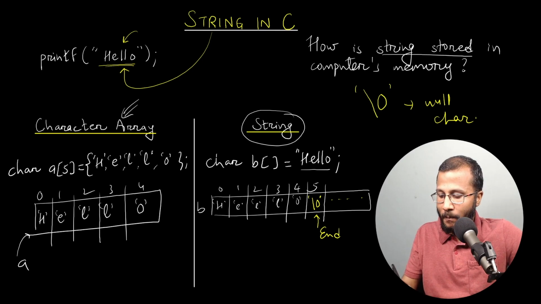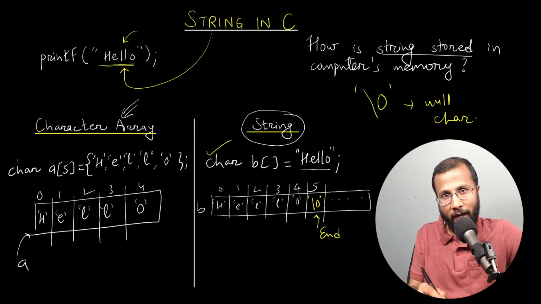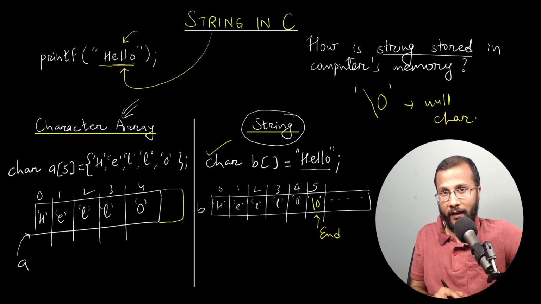So we say B is a string but A is not a string, because A does not end with a null character. At the end, if I append something here at index 5 and make it store the null character, then it becomes a string.